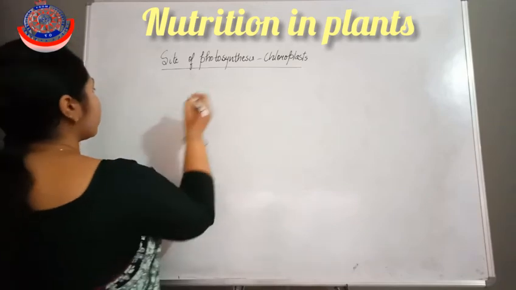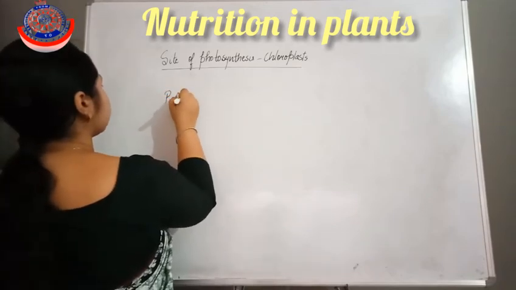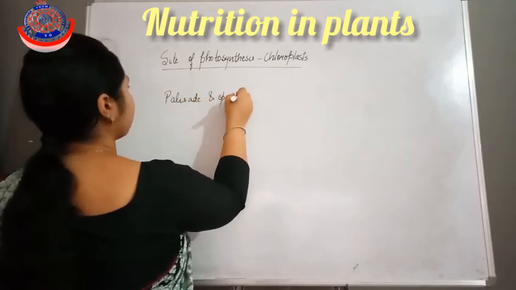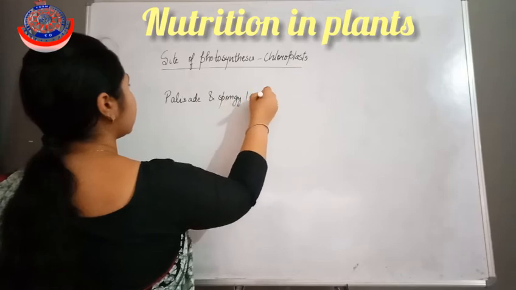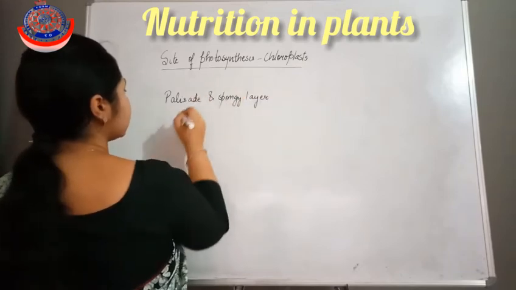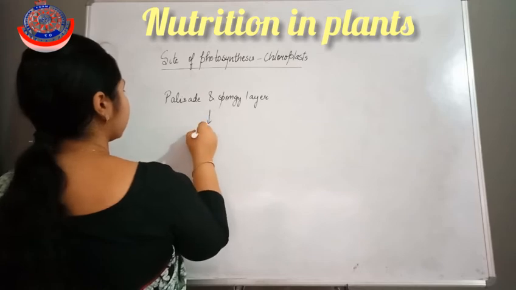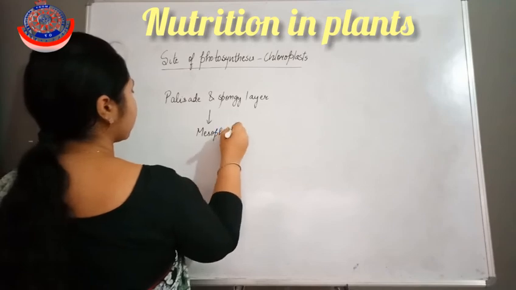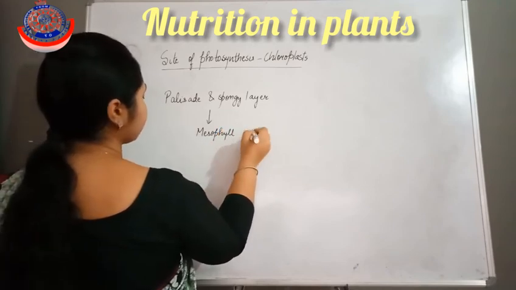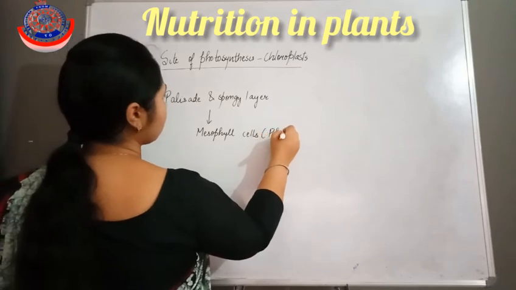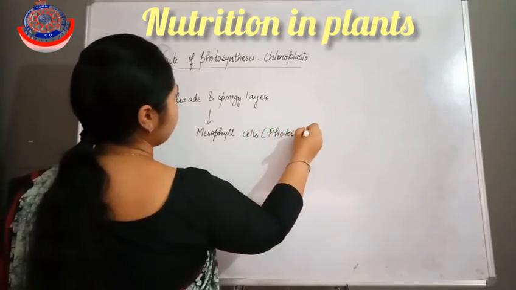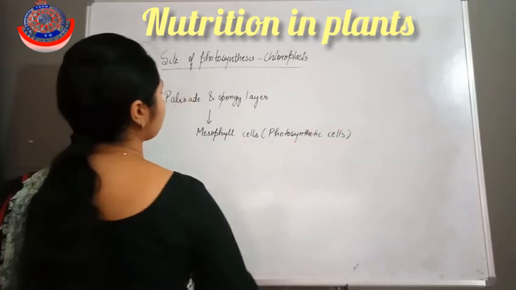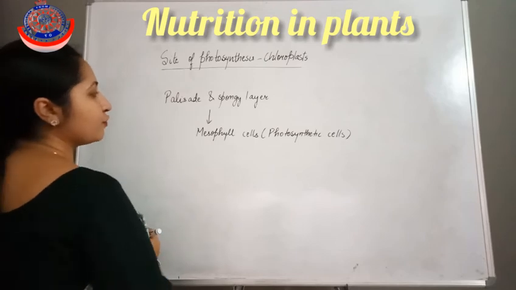The palisade and spongy layers consist of mesophyll cells, and these mesophyll cells are also known as photosynthetic cells. Why are they known as photosynthetic cells? Because photosynthesis occurs in these types of cells.